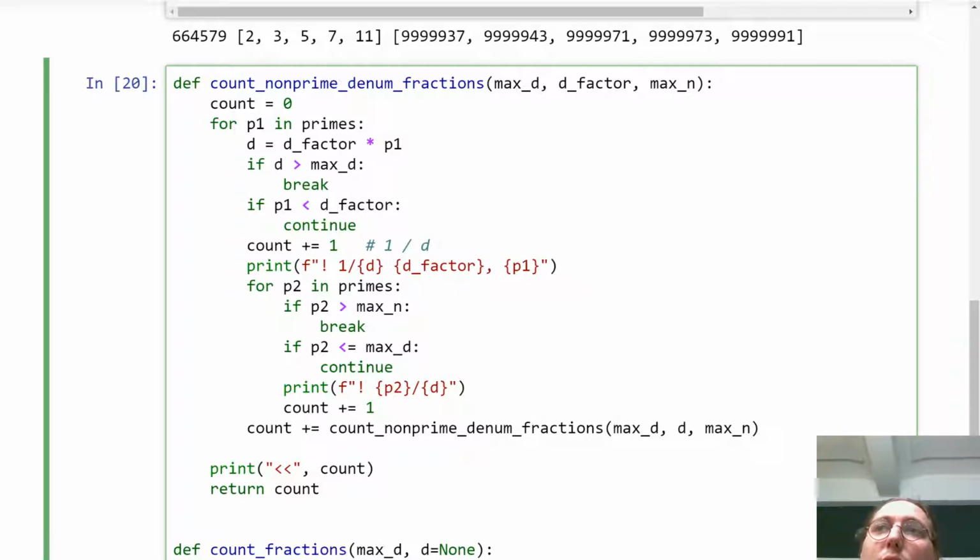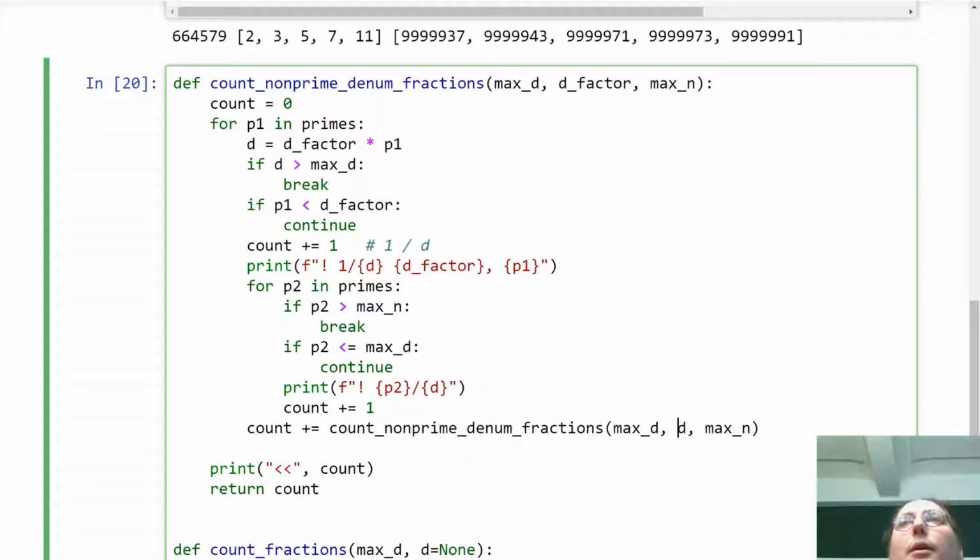If we're starting at 2, then we pass in 2, so that's one factor, and we have to find another prime factor which creates the denominator we actually look at here. So we look at 2 times 2, we look at 2 times 3, and so forth. For each of those denominators, we count the numerators and recurse down using 2 times 2, 2 times 3, respectively, as the new D factor.